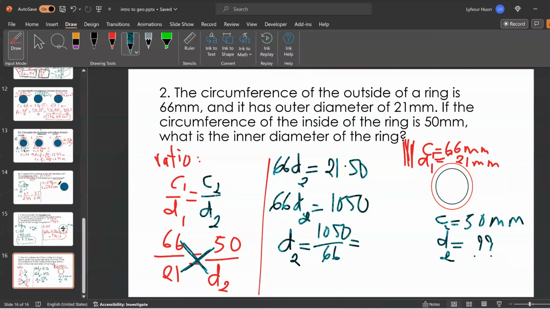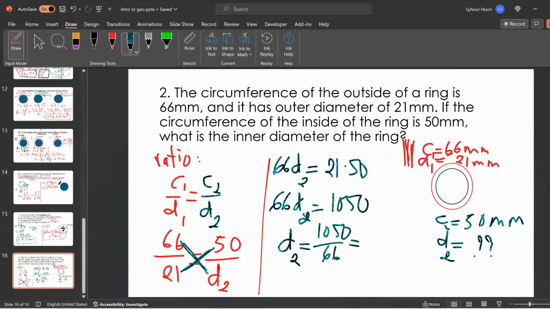One thousand fifty divided by 66. Can I use a calculator? Yes. Okay, thank you. Oh, that's a long number.